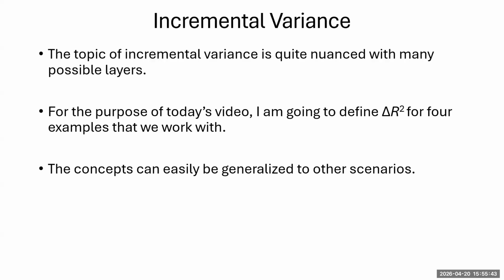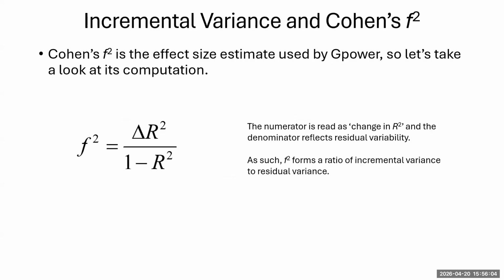And the concepts can be generalized to other scenarios, and basic stats texts on multiple regression talk about incremental variance and various quantities that are relevant. So I have a couple references that will talk about these quantities that you could look at if interested.